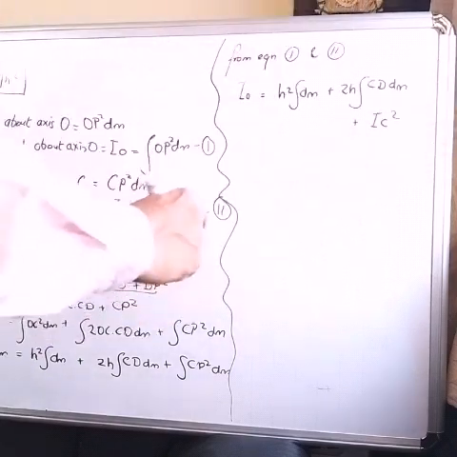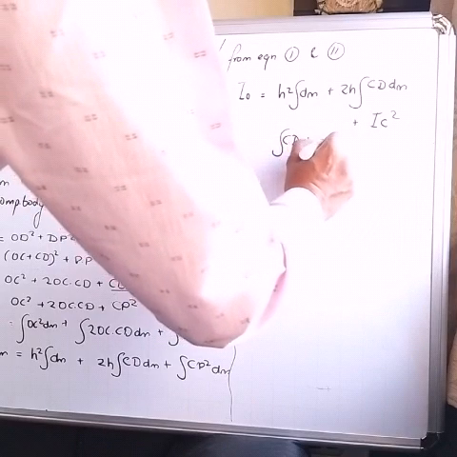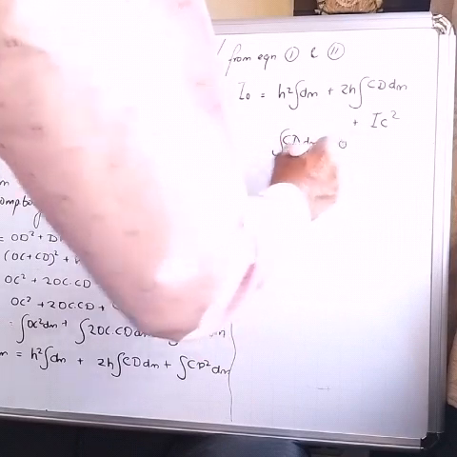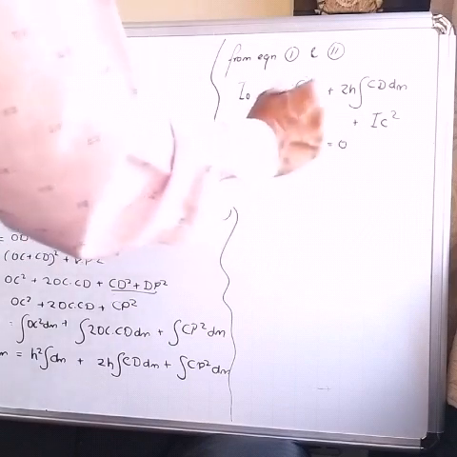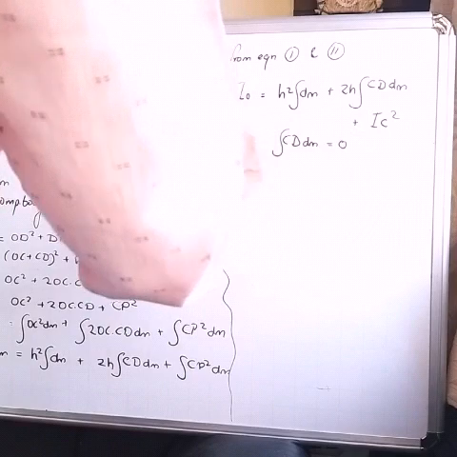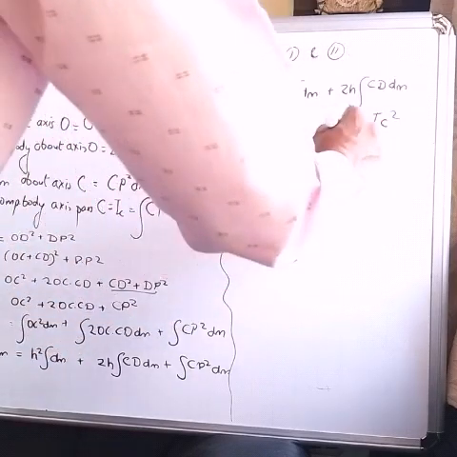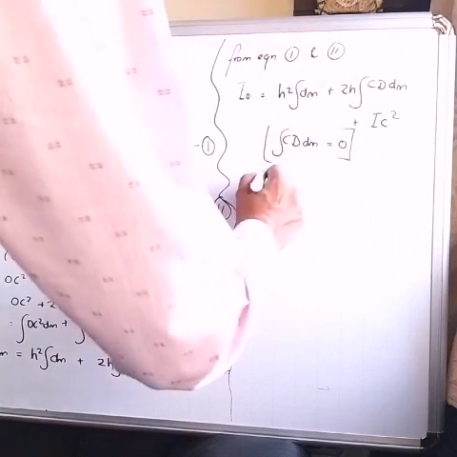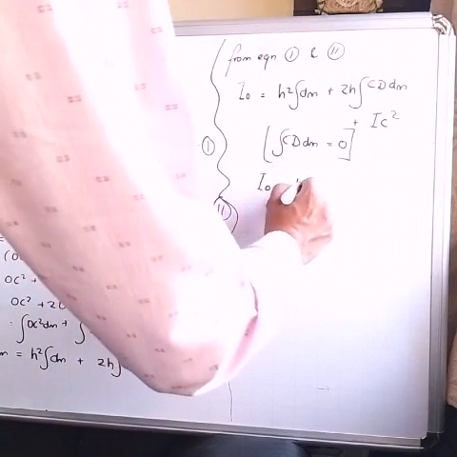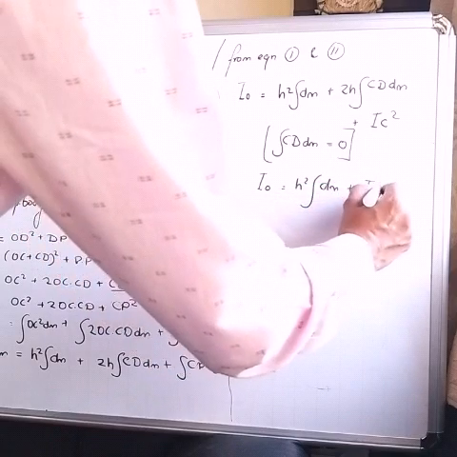Now, integration of CD dm gives you 0 because the line CD passes through the center of mass, and the first moment about an axis passing through the center of mass is 0. So this term becomes 0. What remains is IO equal to H square integration of dm plus IC.